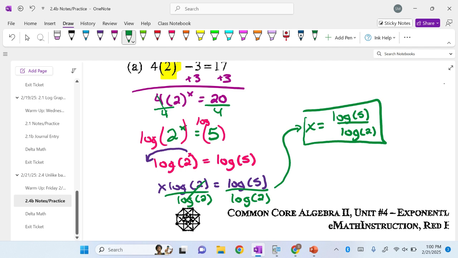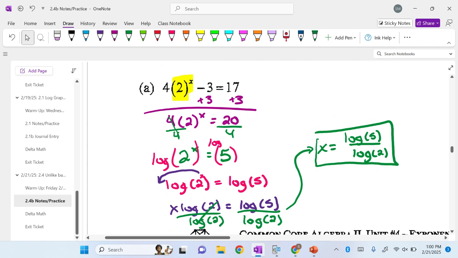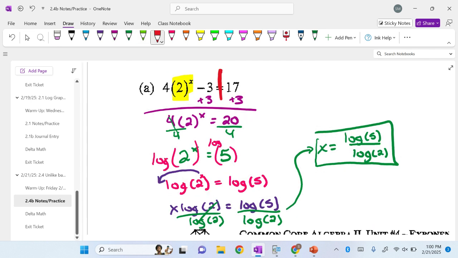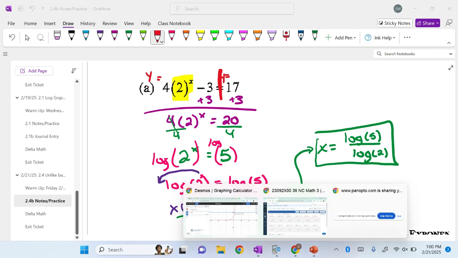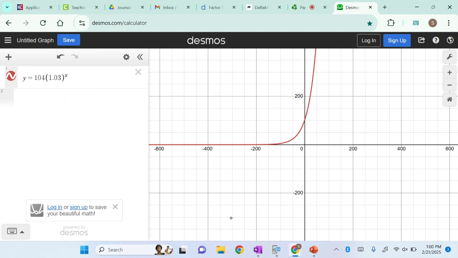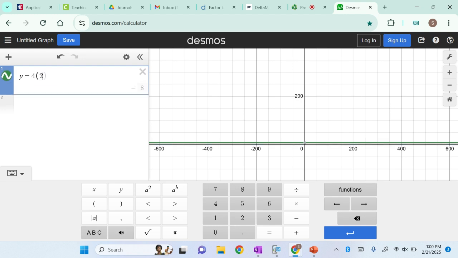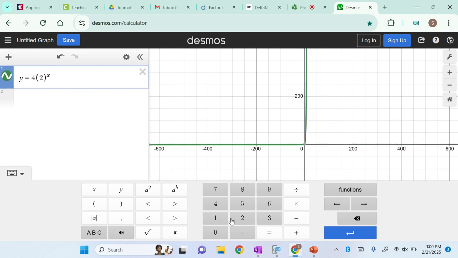Now, if this was given to you in your calculator, and you forgot how to do it, all you do is break apart the 2 parts of the equal sign, and you put both of them equal to y. And then you graph that in Desmos. So in Desmos, I have y is equal to 4 times 2 raised to the x power, minus 3.